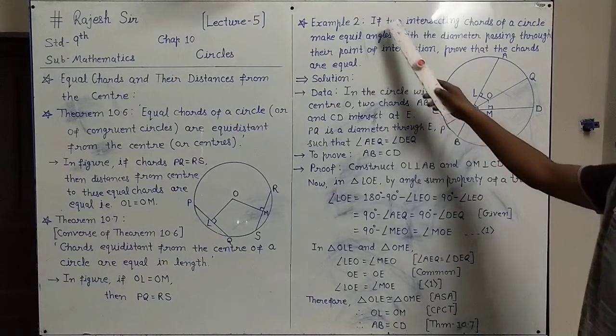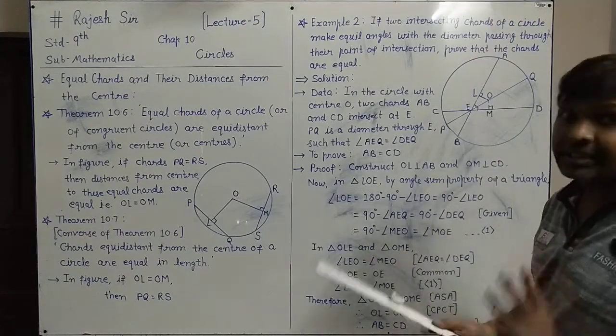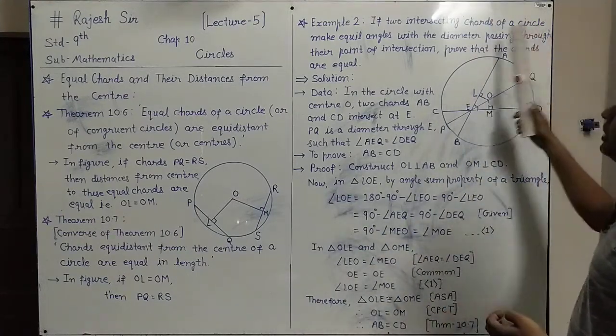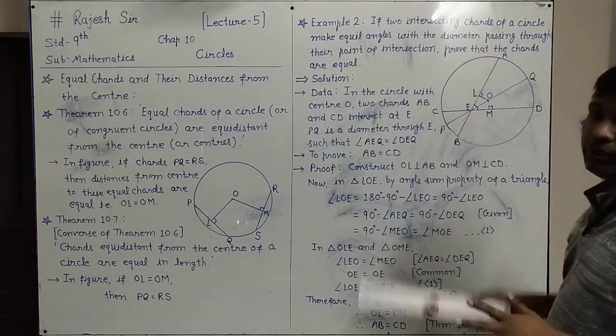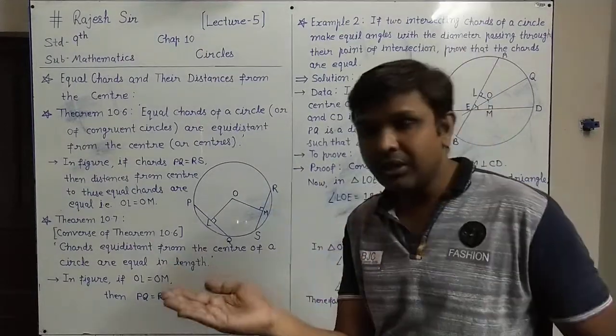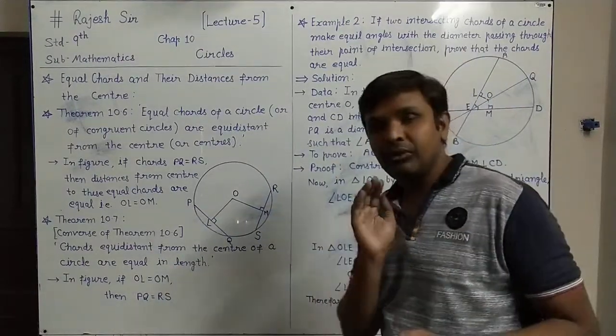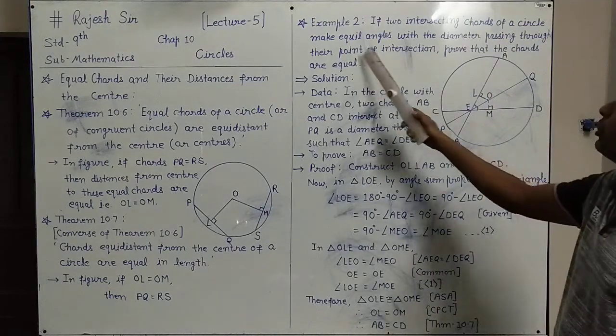It is: if two intersecting chords of a circle make equal angles with the diameter passing through their point of intersection, we have to draw two chords intersecting each other, and we will draw the diameter in between them in such a way that both chords make equal angles with it.